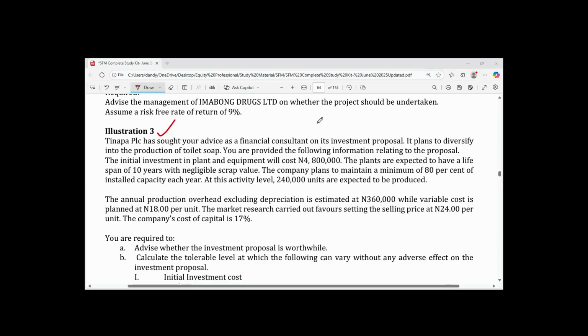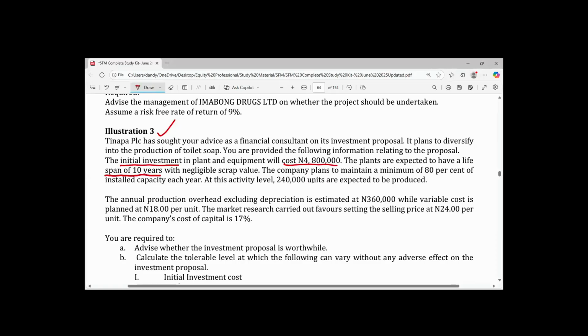Go ahead. All right. Illustration 3. Tinapa PLC has sought your advice as a financial consultant on its investment proposal. It plans to diversify into the production of toilet soap. You are provided with the following information relating to the proposal. The initial investment in plant and equipment will cost 4.8 million naira. The plants are expected to have a lifespan of 10 years with negligible scrap value.